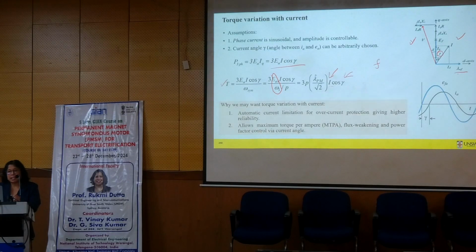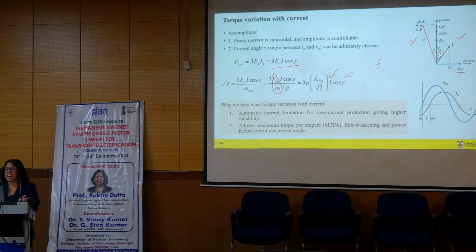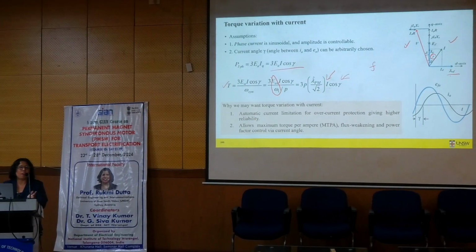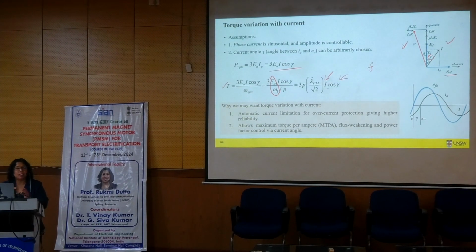If I want to get maximum torque, gamma needs to be 0, right? Cos gamma needs to be 1. What does that mean? Current I must be in phase with EA, right? So to get maximum torque, we want current to be in phase with back EMF, which is actually the maximum torque per ampere condition for cylindrical rotor machine, right?